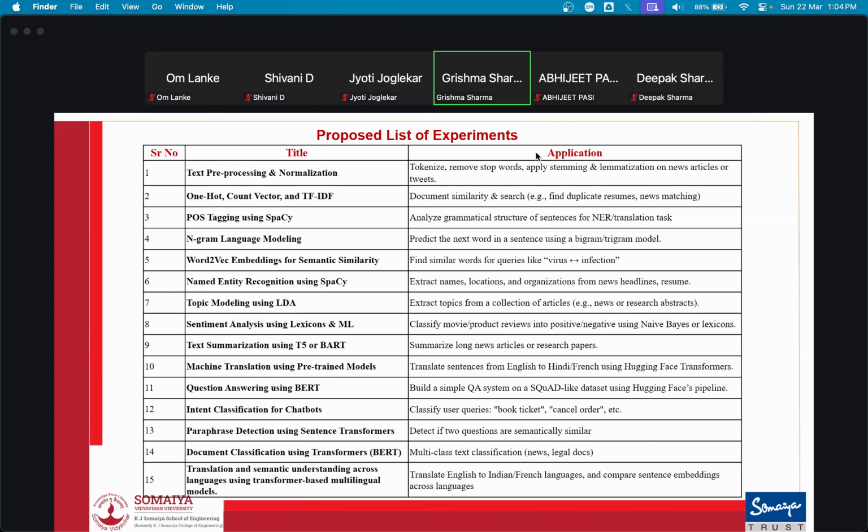Multilingual applications nowadays are being used in various chatbots and multilingual dialog boxes. Similarly, we have building simple QA systems, classifying queries, detecting if two questions are semantically similar or not, multi-class text classification, and translation and semantic understanding of the given text. So these are the proposed list of experiments.